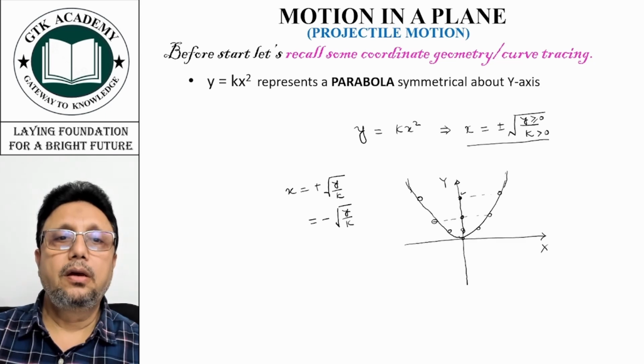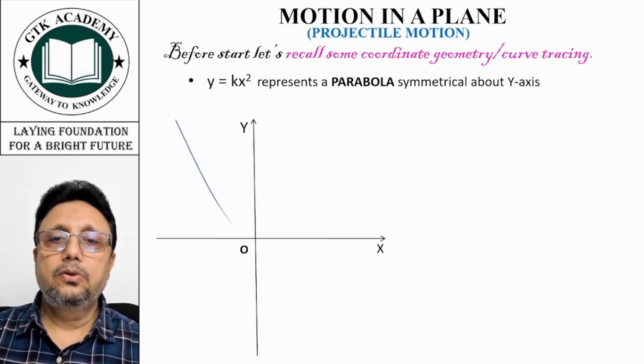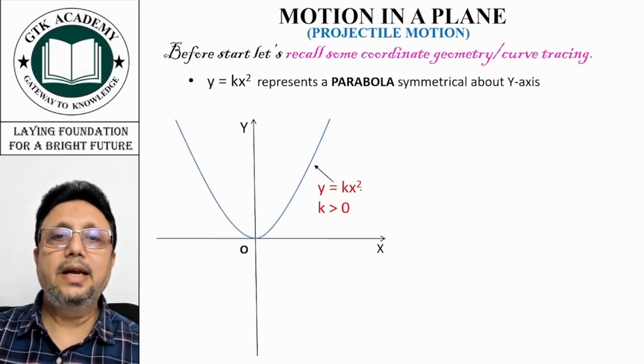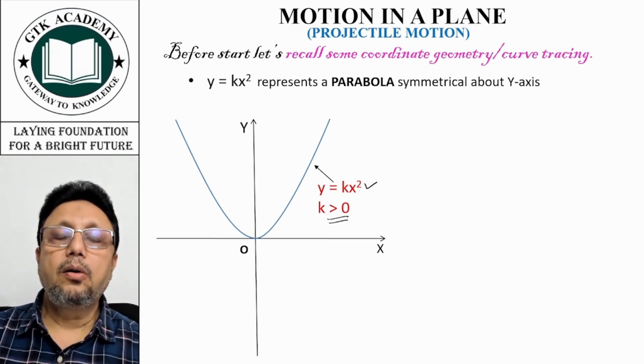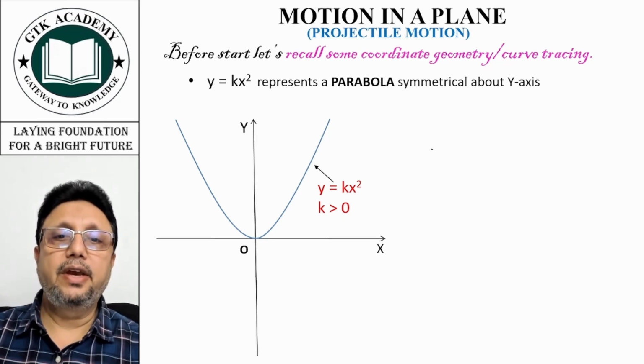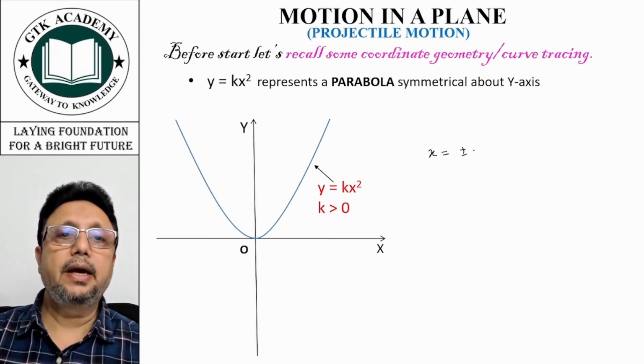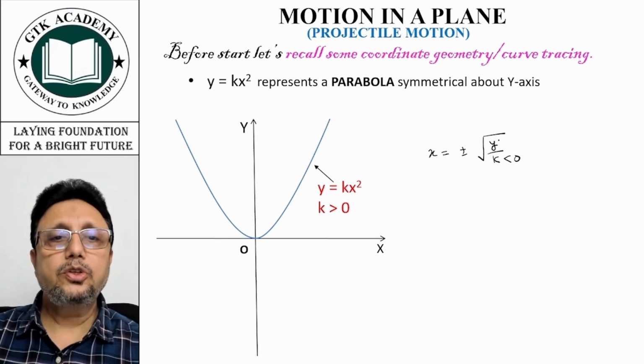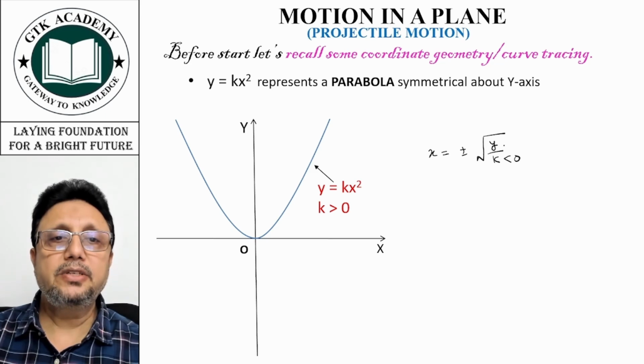So this is y is equal to kx square when k is positive. But if k is negative, what will happen? x is equal to plus minus under root y upon k. Now if k is negative, then y also has to be negative, otherwise something inside the under root being negative will make it imaginary.